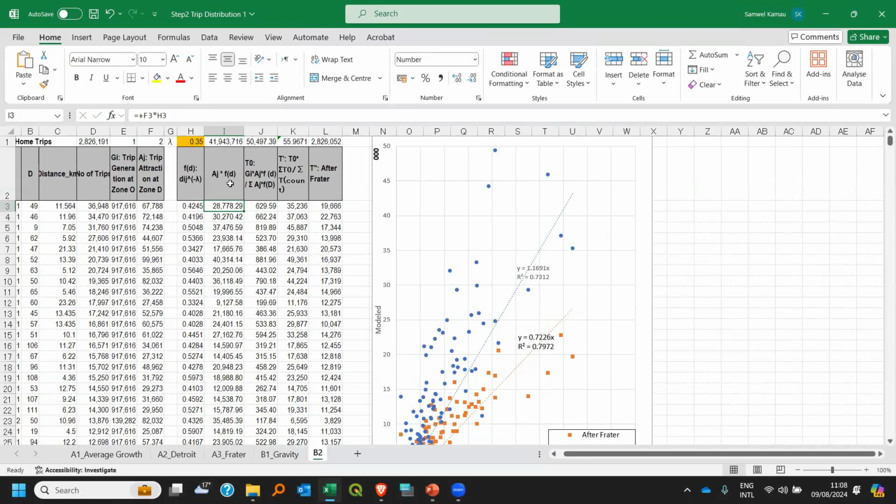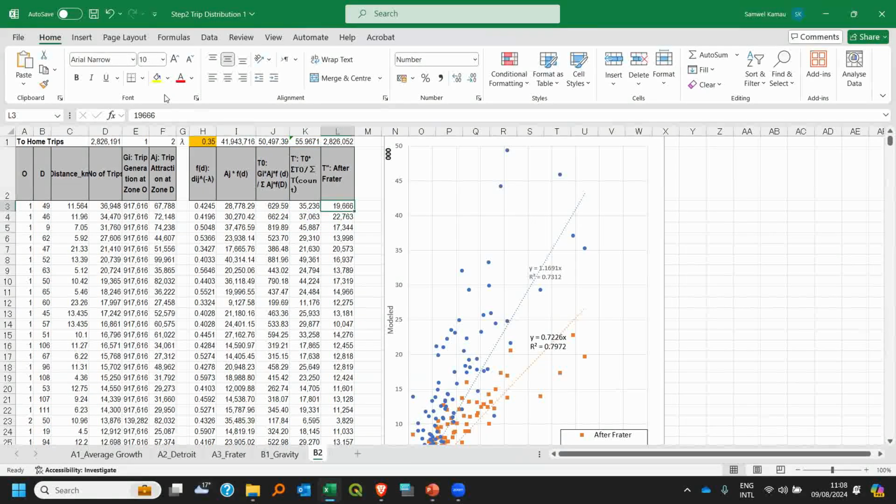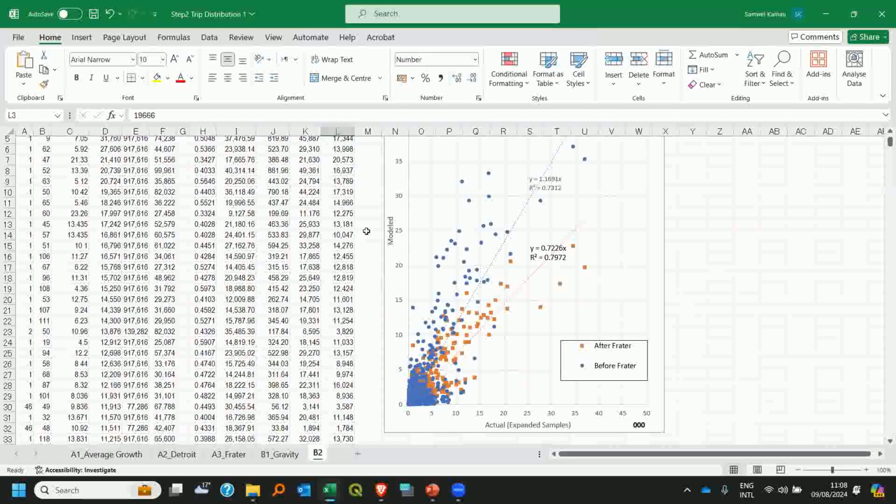Then later in these results, following the formula, the modeled trips between A to B, between zone O and zone D, 1 to 49, are formulated. Then after the Frator calculation, which is made by other software, so I didn't explain it yet, the figures are converged.